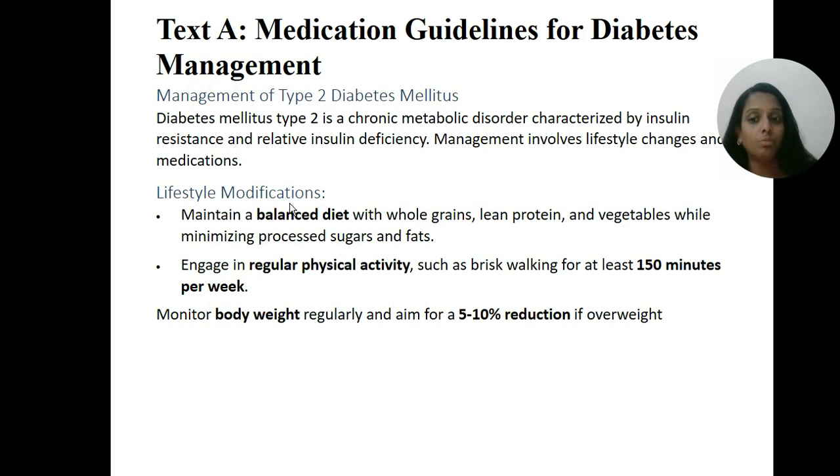So they have given the lifestyle modifications also. Maintain a balanced diet with whole grains, lean protein, and vegetables while minimizing processed sugars and fats. Engage in regular physical activity such as brisk walking for at least 150 minutes per week. Monitor body weight regularly and aim for a 5 to 10 percent reduction if overweight.